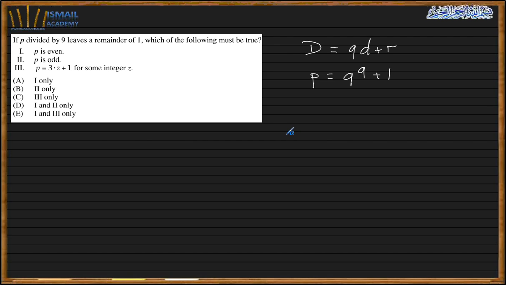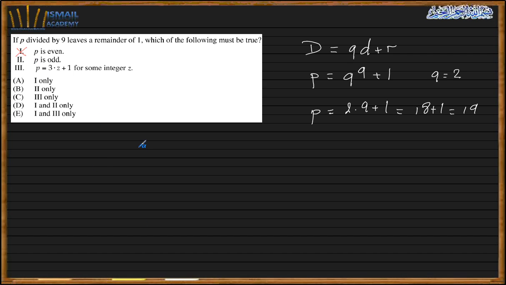Let's pick a number for q, for example 2. So p equals 2 times 9 plus 1, 18 plus 1, 19. No, it's not even, so it can be odd.